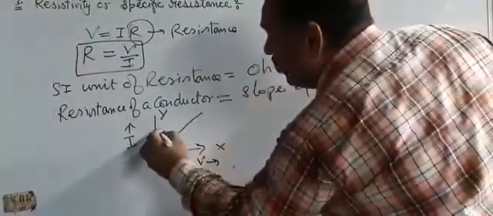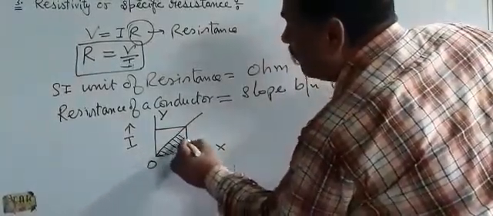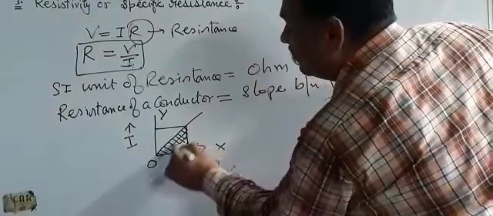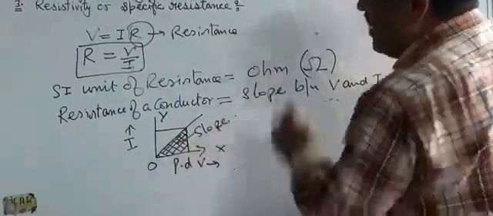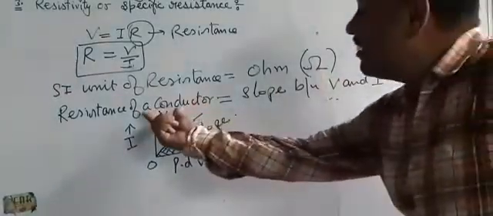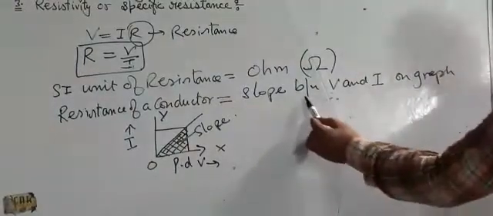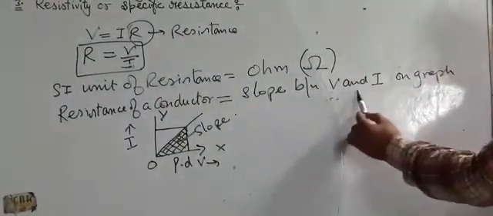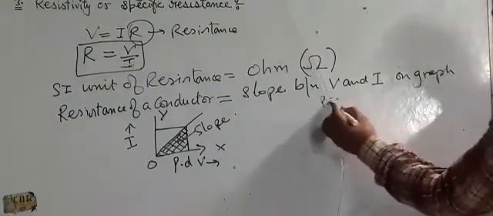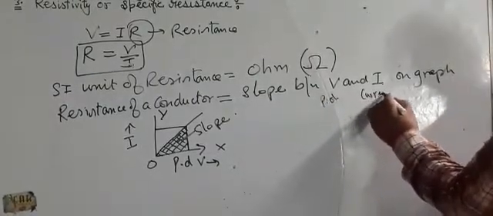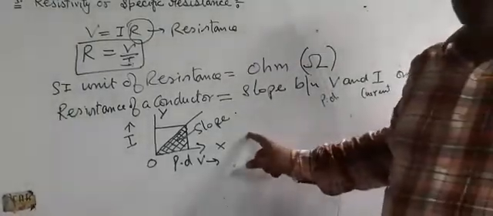This is the limitation of Ohm's law. This is the slope of the graph, and the slope determines the resistance of the conductor. Resistance of a conductor means the slope between V and I, V for potential difference and I for current, on the graph. This is the graph which we have drawn.